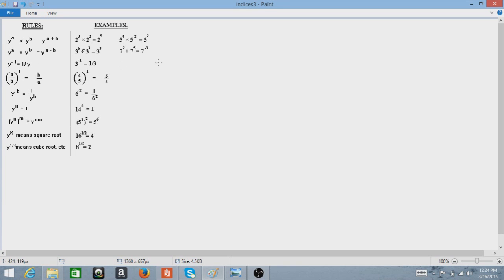What I'm trying to say is, let's say we have 6 to the power of minus 4. All this is telling you is to put 1, because the minus sign indicates that, over 6 to the power of 4. General basic rule.